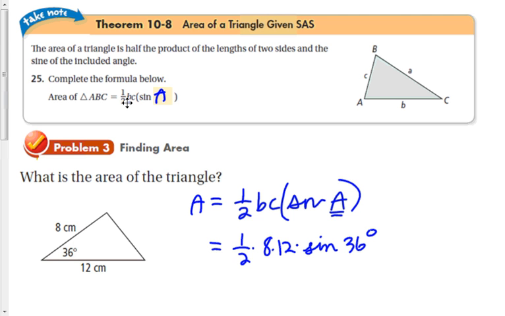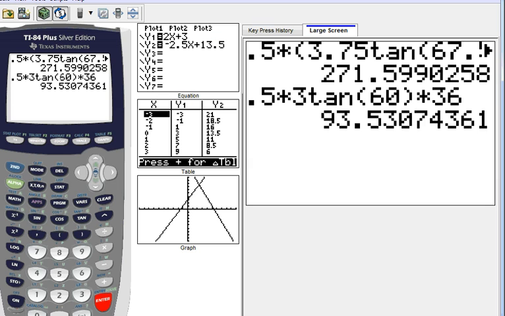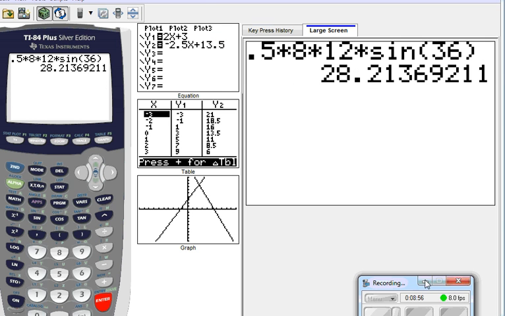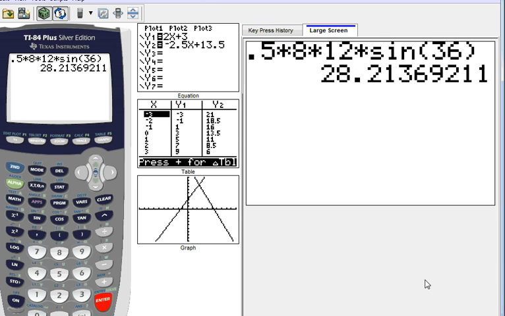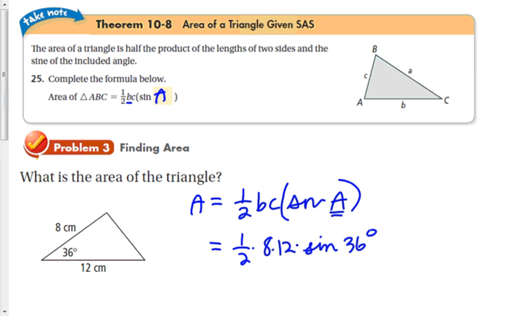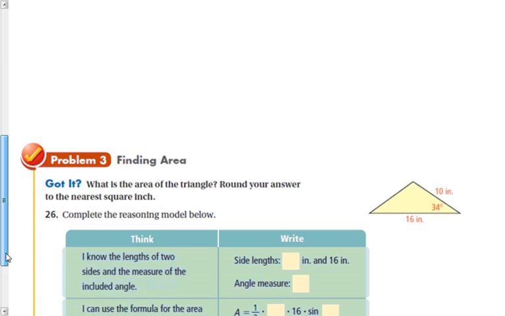Using our calculator, we get about 28.2. Let's just round that to the nearest whole number. We'll say it's about 28 square centimeters. All right, you try that.